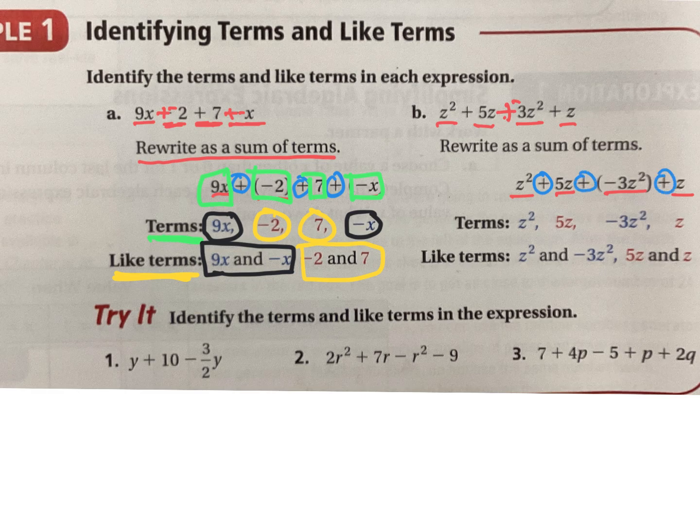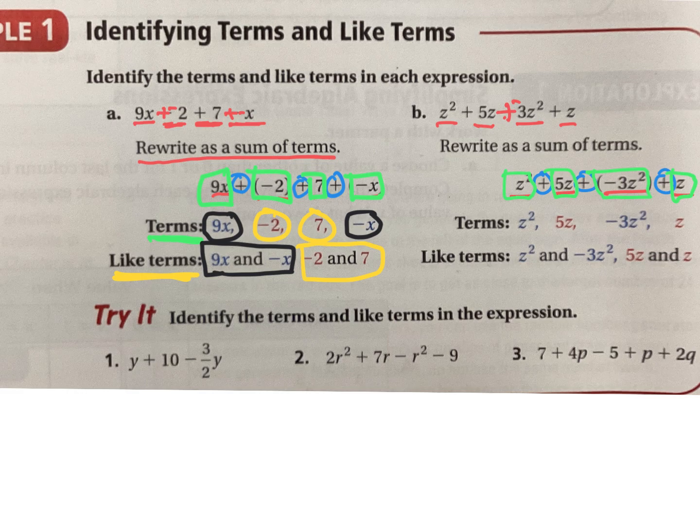So now I know all my terms are z squared, 5z, negative 3z squared, and just z. Now I find the ones that are like.